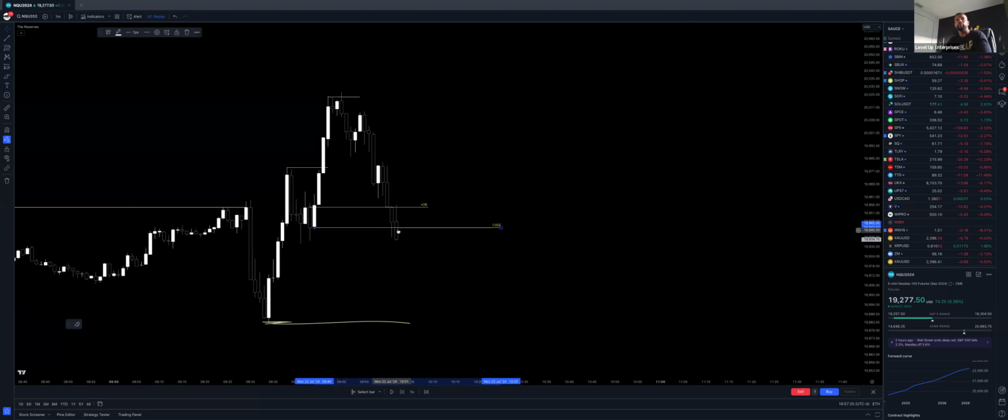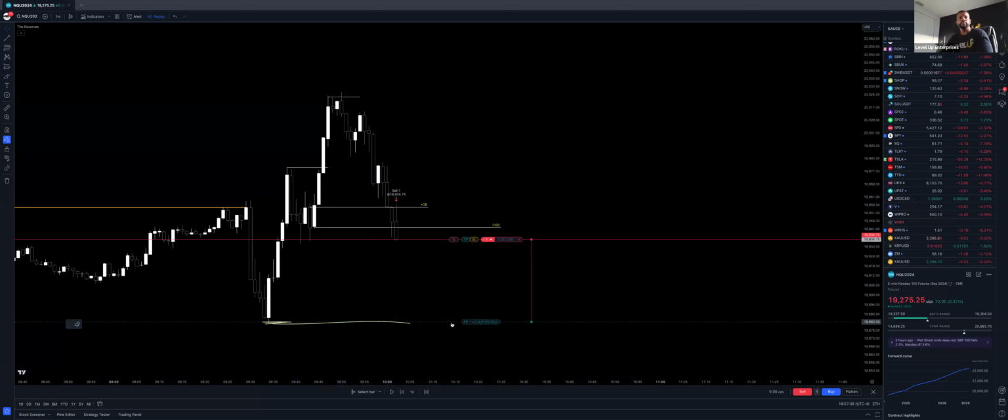Why? Because price just closed below the last green candle that made this price leg. So even if I put this TP all the way at the bottom, which by the way, on the higher time frame, that's also an order block. This right here on the higher time frame, that's an order block.